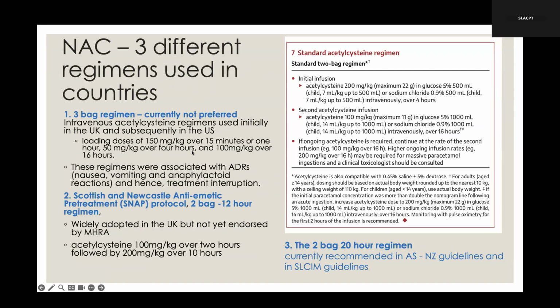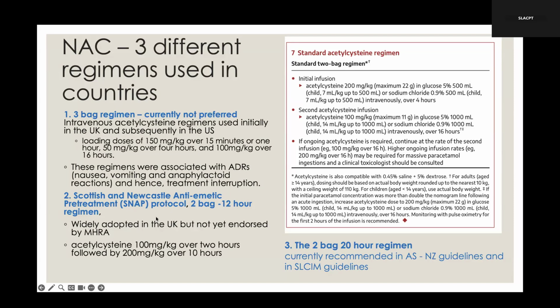So the three-bag regime, which was used earlier, is a loading dose of 150 milligram per kg over 15 minutes, followed by 50 milligram per kg over 4 hours and 100 milligram per kg over 16 hours. Now many people are not using this because it was associated with more adverse drug reactions.